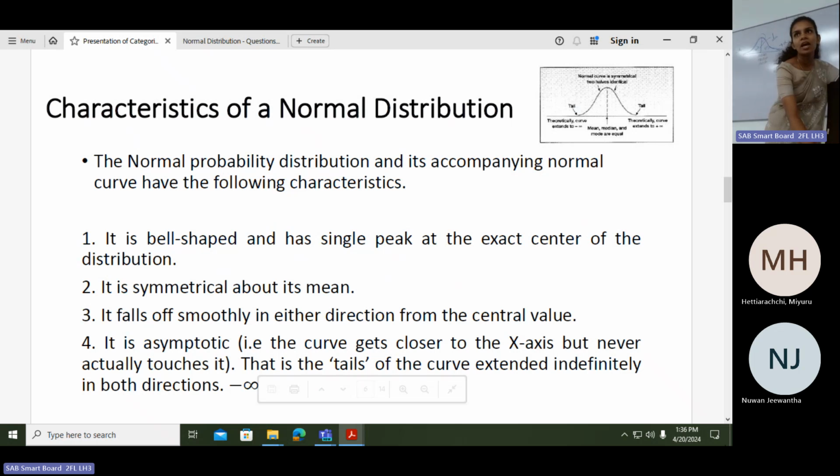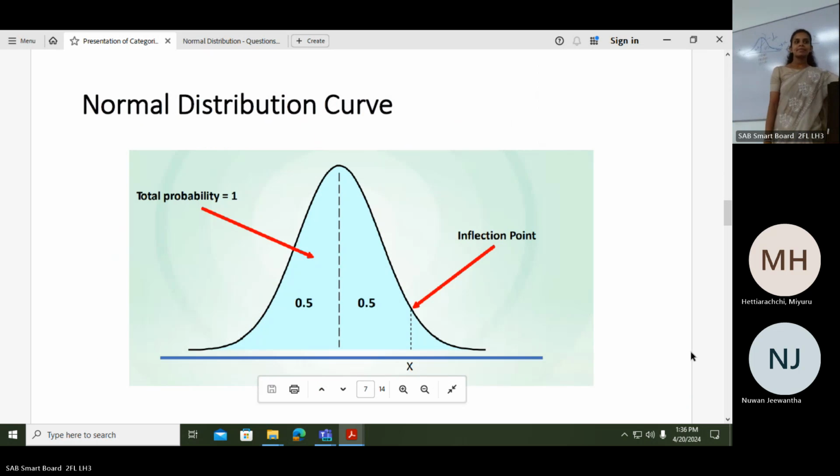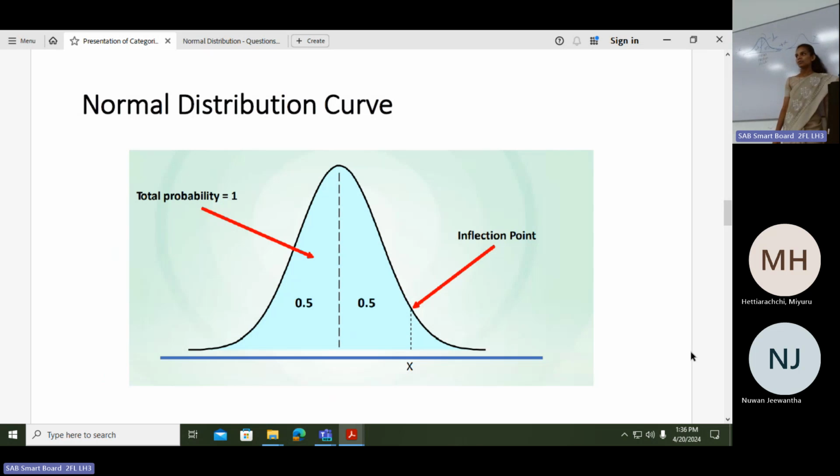These three measurements are equal. Clear? Then the total probability is 1. There are two equal parts, and the probability of one part is 0.5.